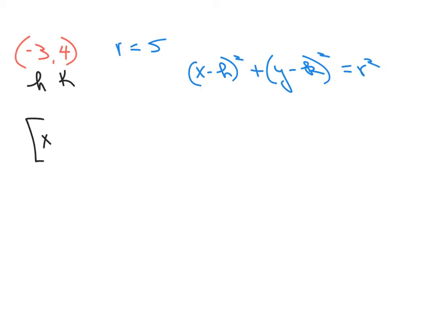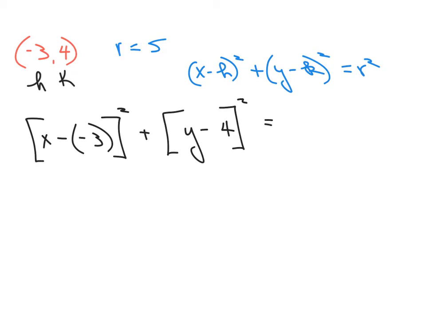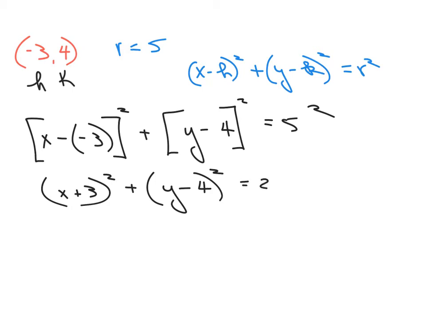So (x minus -3) squared, plus (y minus 4) squared, equals 5 squared. So (x plus 3) squared plus (y minus 4) squared equals 25. There's my equation. That's all they wanted, so not too terribly difficult.